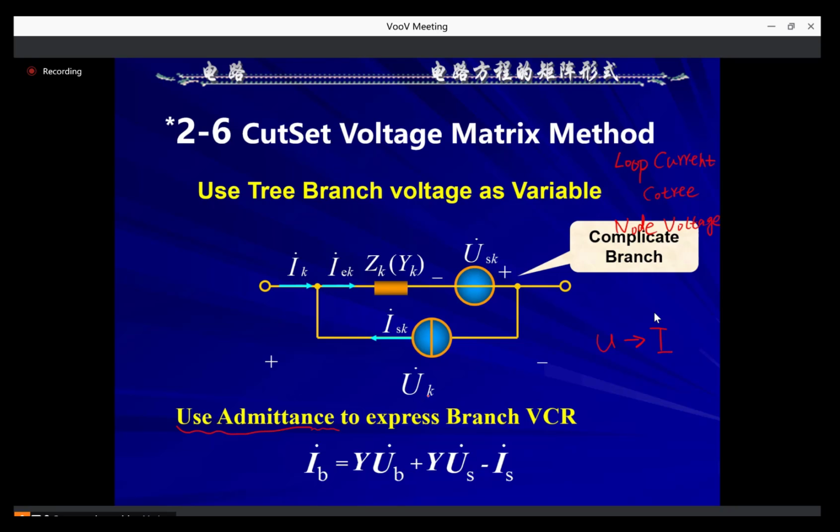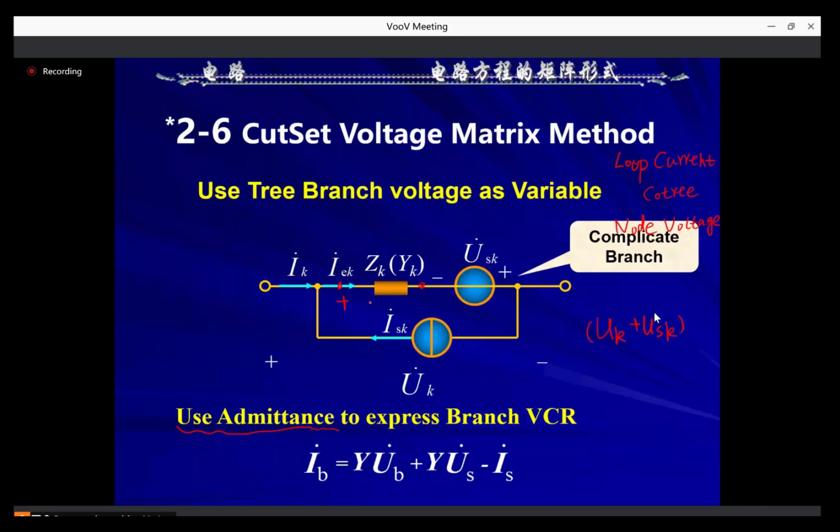Use this UK to express this IK. For this branch, the UK plus USK will be this voltage.